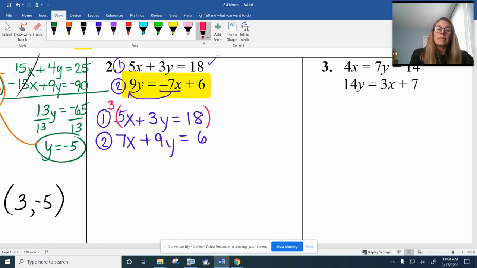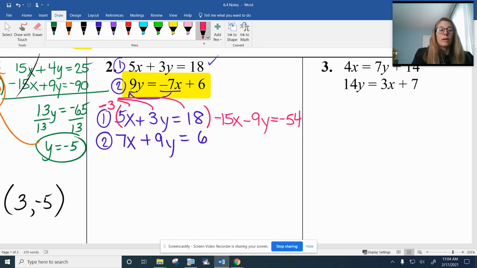However, this is a positive 9, so I need to make mine a negative 9. So I'm going to do that by multiplying everything by negative 3. That's going to give me negative 15x, negative 9y or minus 9y, and then 3 times 18, which is negative 54 because it was a negative 3. The second row is just going to get recopied the way it is.